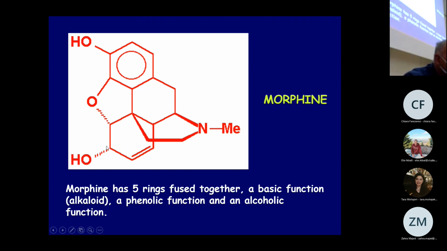On the ring C, you can see another OH group, but in this case, the OH group is an alcoholic group.